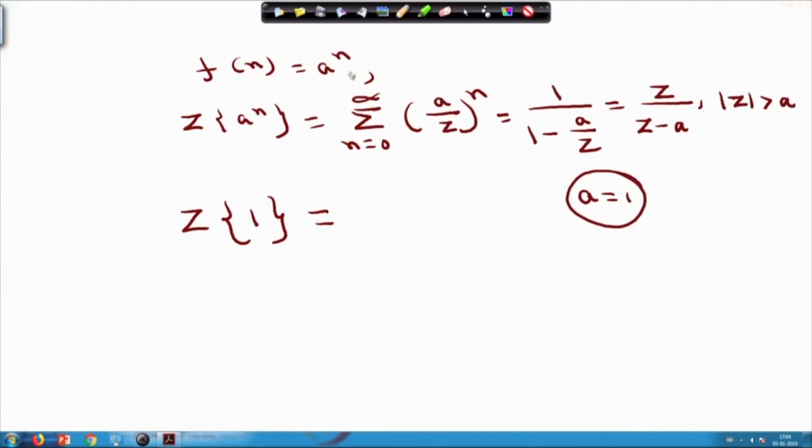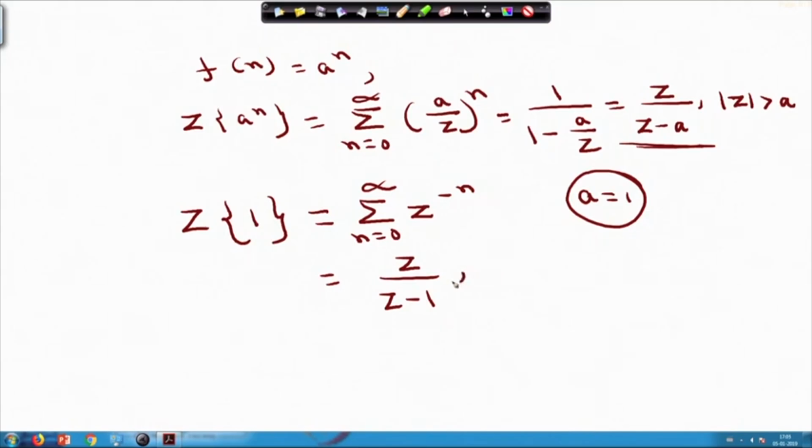If I take a equals 1, f n becomes 1, so this is nothing but summation n equals 0 to infinity z to the power minus n. From here this value will become z by z minus 1. Obviously again mod z should be greater than 1.